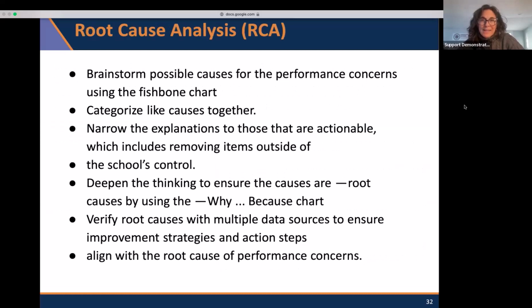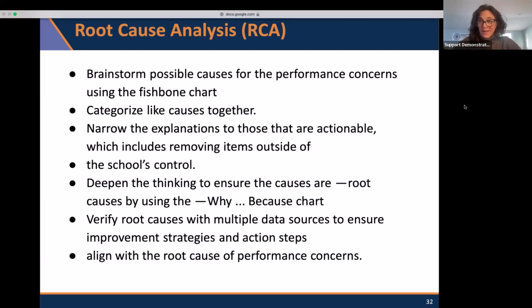So for root cause analysis, let's talk about it in terms of kids. If we have performance concerns, I'm going to talk to you about a fishbone chart, right? But you're going to always start by brainstorming possible causes. You're going to categorize possible causes together. You're going to narrow those to things that are actionable.